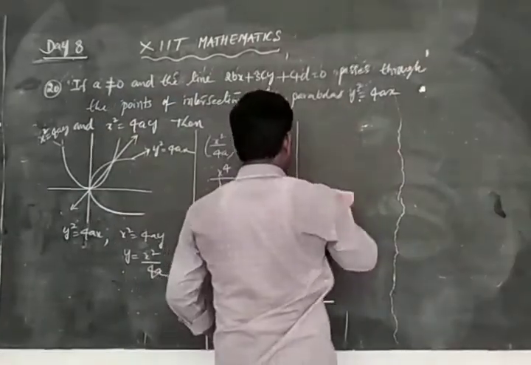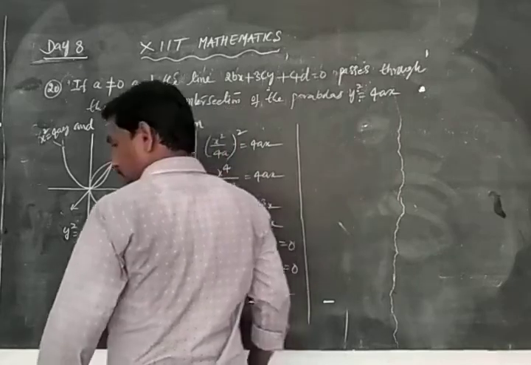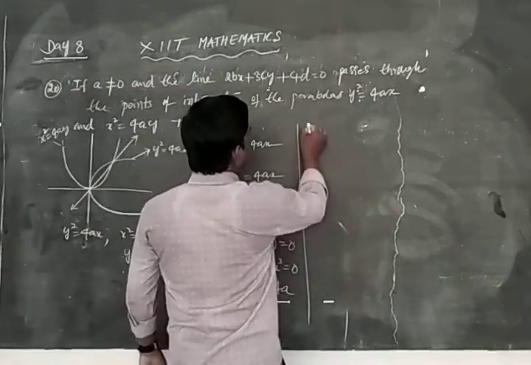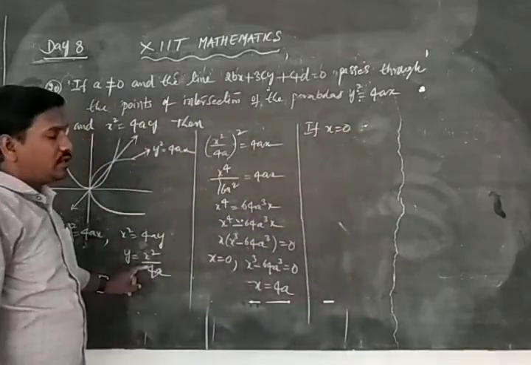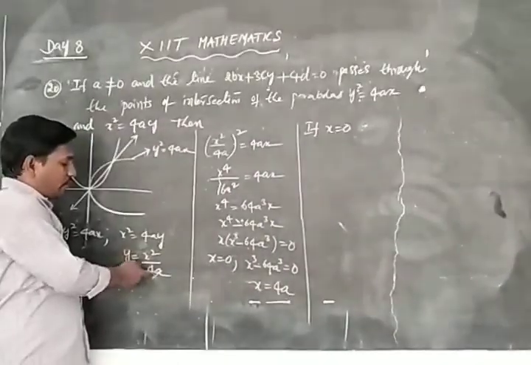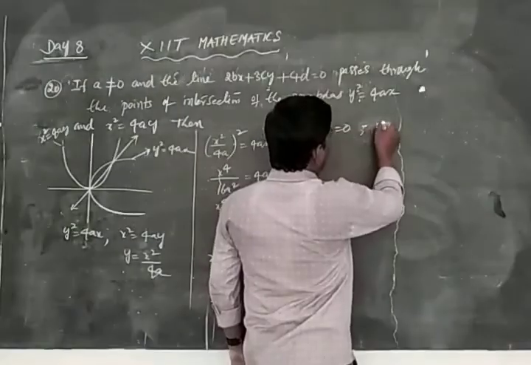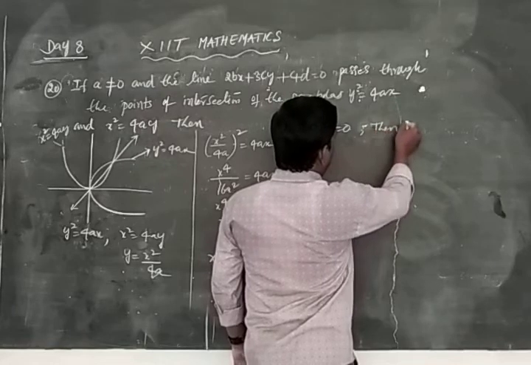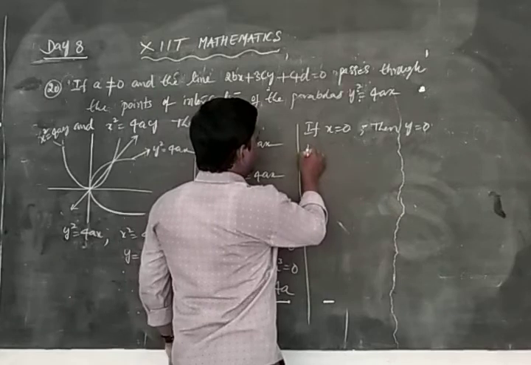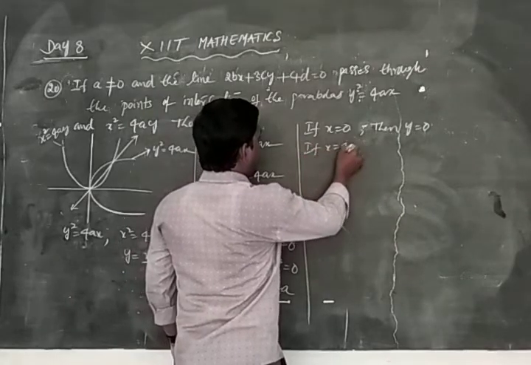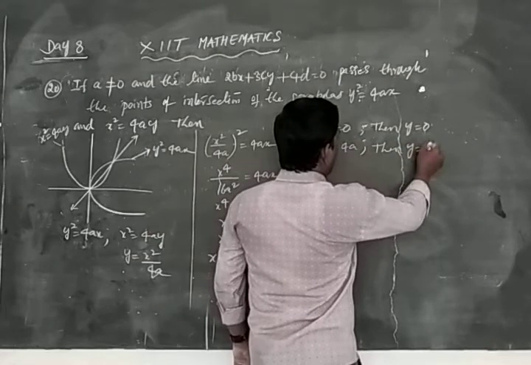Now if x equal to 0, then y is also 0. y equal to 0 square by 4a, 0 by anything is 0. If x equal to 0, then y equal to 0. If x equal to 4a, then y equal to 4a.